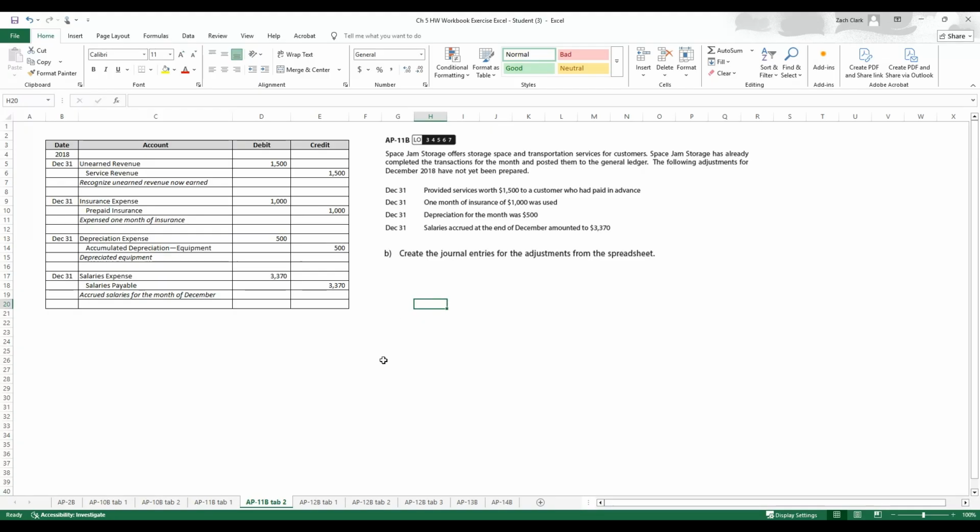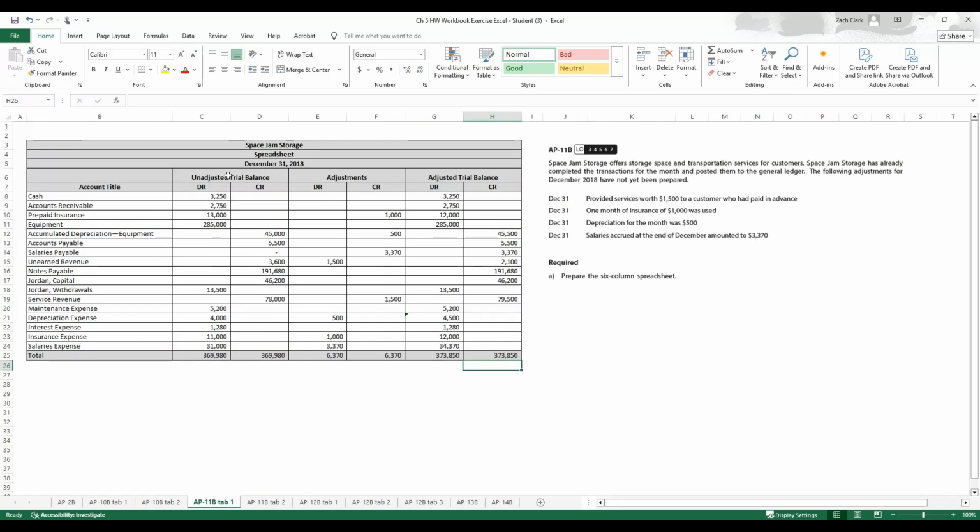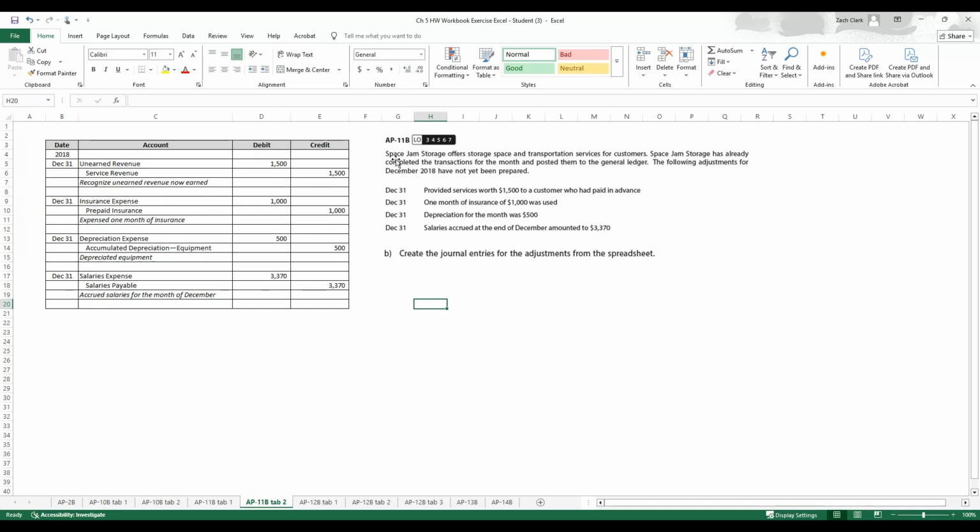It's just a different way to look at it, from the perspective of how it impacts the trial balance to the perspective where it's just the journal entries listed out in chronological order. They're all on December 31st, but the journal entries are listed one by one.